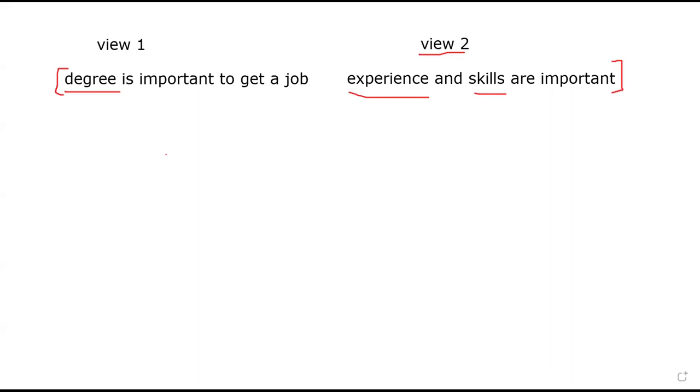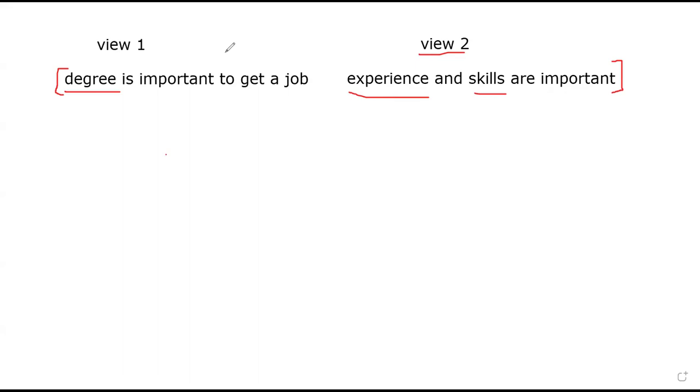Oh, okay, but my statement is that a degree is important to get a job because a degree is a must-have thing in specialized jobs that you cannot apply for without getting specific knowledge and a specific degree. Okay, yes, very nice. So we can say it's a foundation type of thing. Yeah, okay, all right.